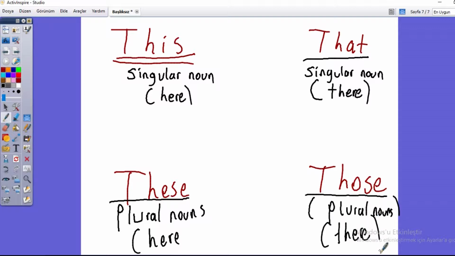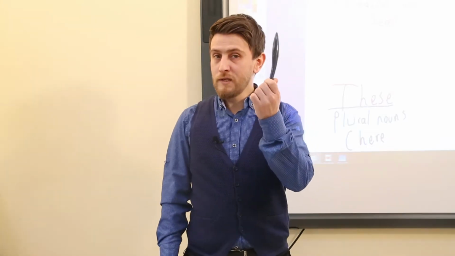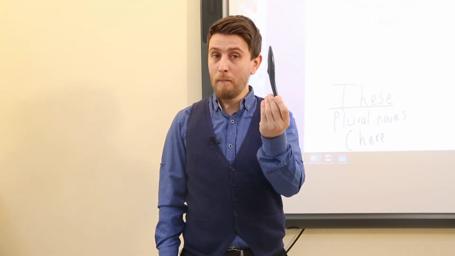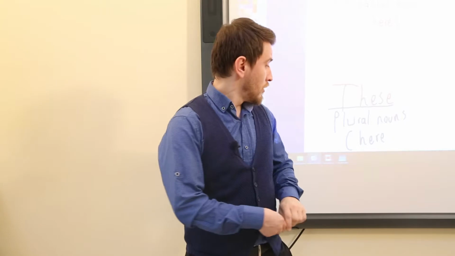Let's give some examples now. Singular noun. What's this? This is a pen. Now, let's have a look at the book. What's that? That's a camera.